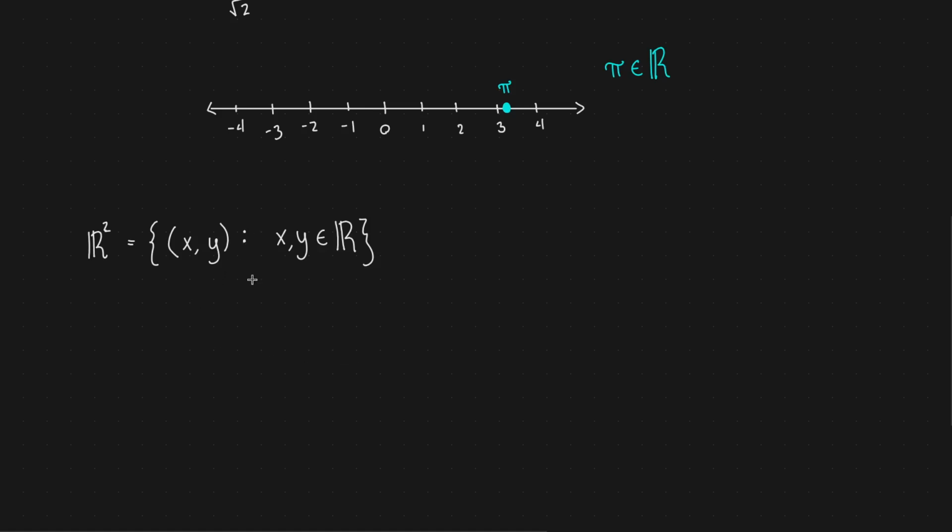Okay, so this is set builder notation. Sometimes instead of a colon, you will see a vertical line here. It means exactly the same thing. You would read this as the set of all of this that meet this condition. And we're within curly braces. Those curly braces say we're dealing with a set.